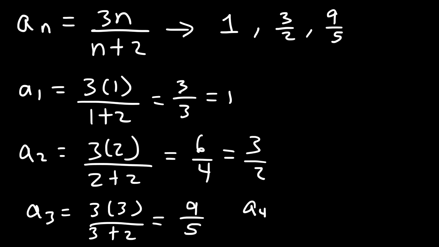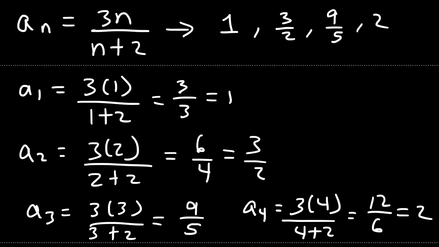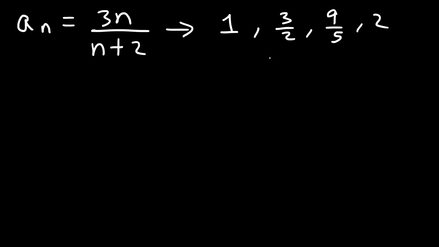And the fourth term, 3 times 4 divided by 4 plus 2, so that's 12 over 6, which is 2. Now let's get the decimal values of those terms. 3 over 2 is 1.5, and 9 divided by 5 is 1.8. So we have a monotonic sequence. We can see that it's always increasing.